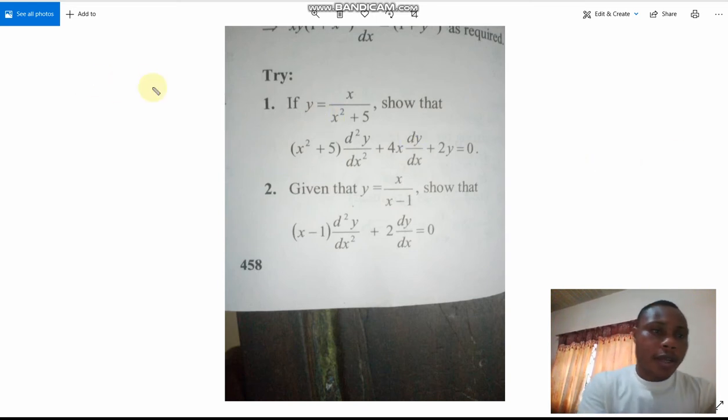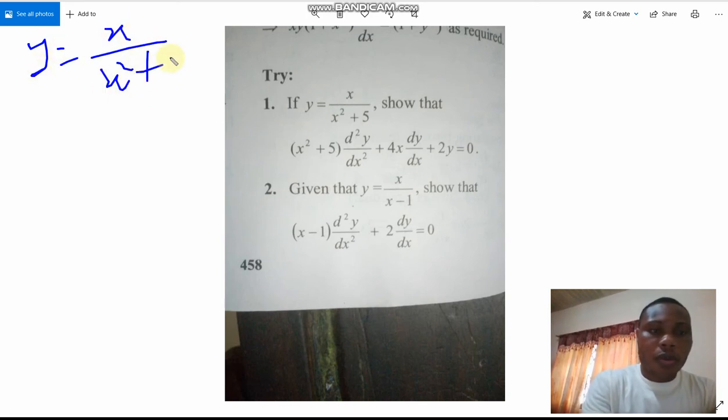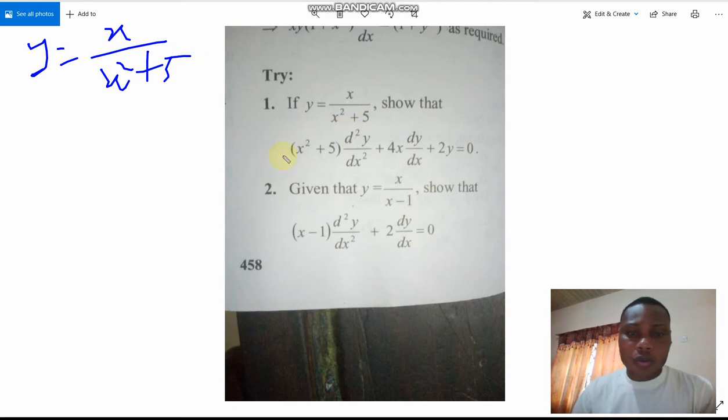If y is equal to x over x squared plus 5, you are supposed to show that this equation is true.